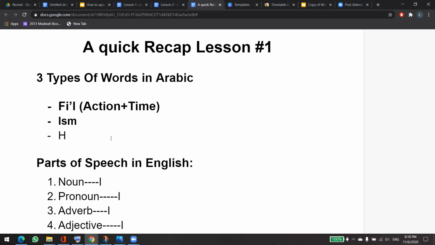So all these are ism, right? So now you have examined the word, and suppose you come across a word which is neither fail nor ism, then it's a harf.